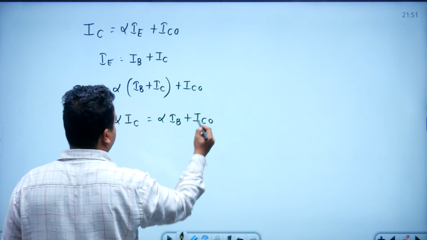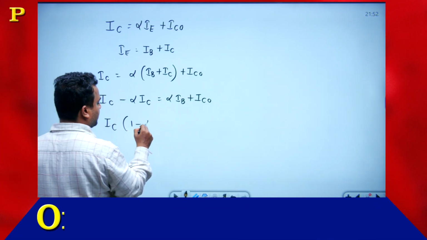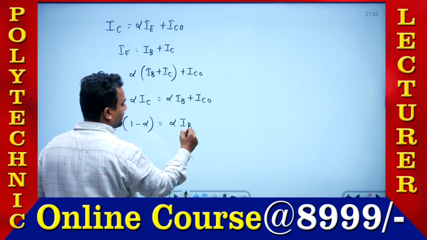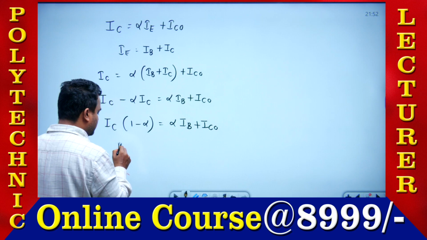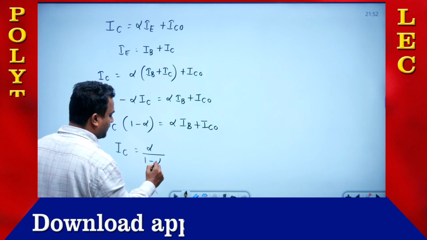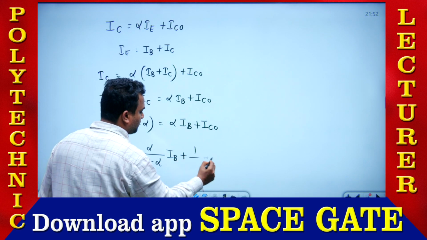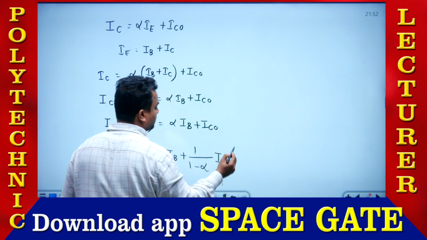Now if you take IC as common, IC into (1 minus alpha) is equal to alpha IB plus ICO, and when you simplify, guys, IC is equal to alpha by (1 minus alpha) IB plus 1 by (1 minus alpha) ICO. This one, guys.